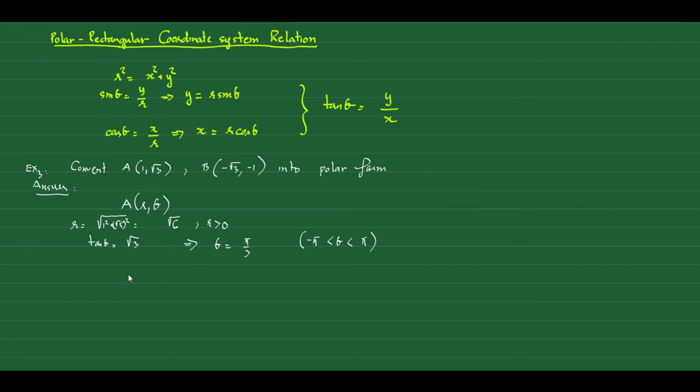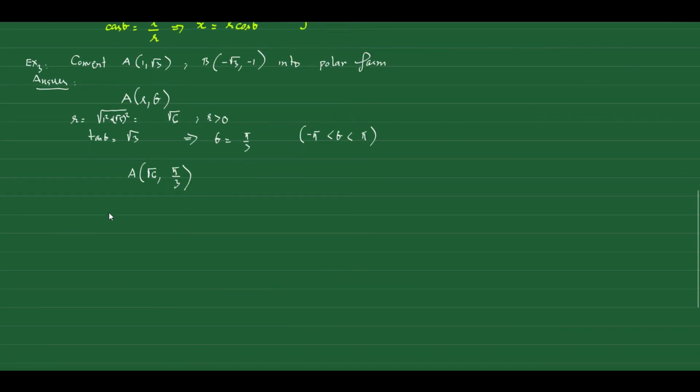So now the polar form of point A will be square root of 6, pi over 3. Okay, and you do the same for B. Point B will be negative square root 3, negative 1. So from here we can get R will be the square root of negative square root 3 squared plus negative 1 squared, which should be 2, right?